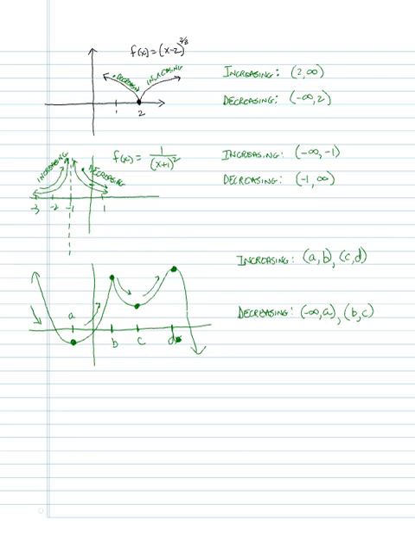And likewise, once we get to the x value D, we get past this peak, then we start to decrease again, don't we? And after that, we're continuing to decrease. So we'll decrease here then, and I'm afraid I'm going to run out of room. Well, let's just do it. We'll decrease here then from what? D, and continue forever decreasing after that, so from D to infinity. So we can have a whole lot of different things happen, and we just need to be prepared for each of those.